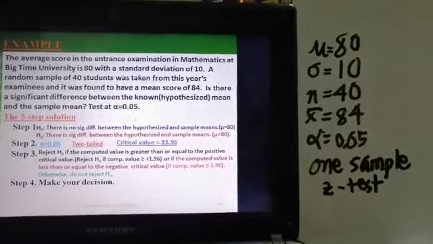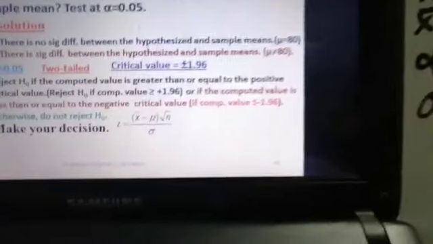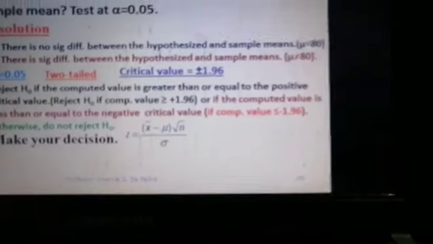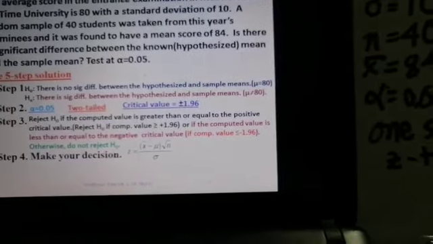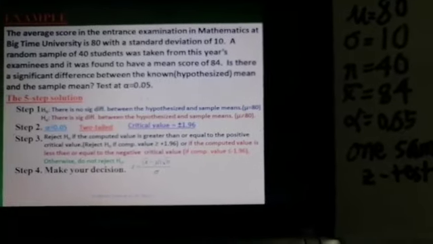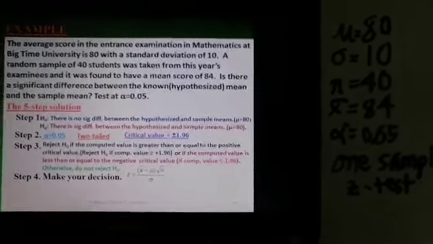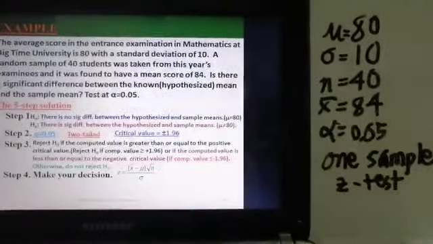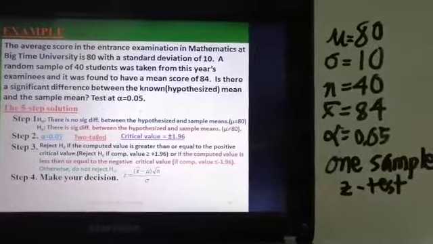So what formula are we going to use? Remember the formula we had a while ago. Z is equal to X bar minus mu, multiplied by the square root of N, divided by the population SD. All you have to do is substitute the values that you see on the right. What is our X bar?